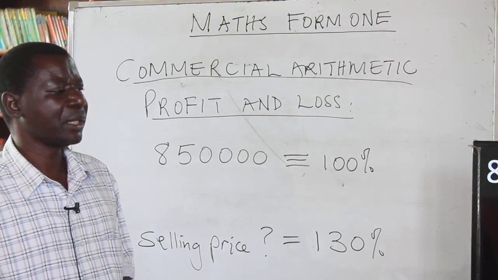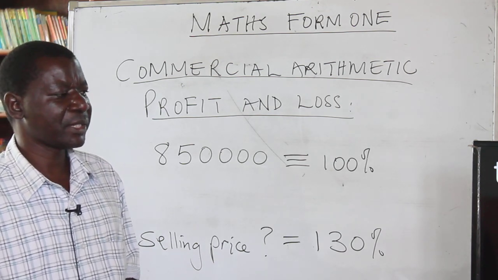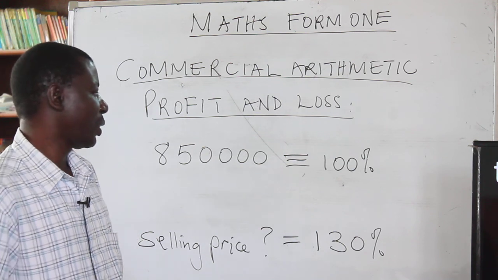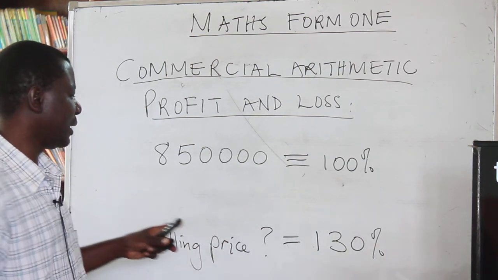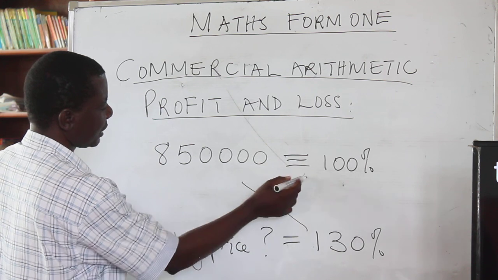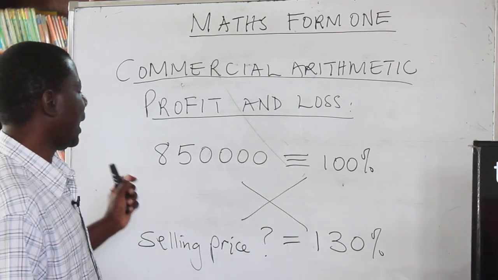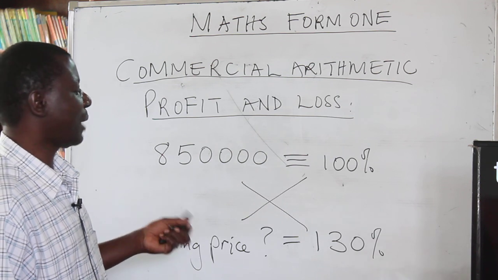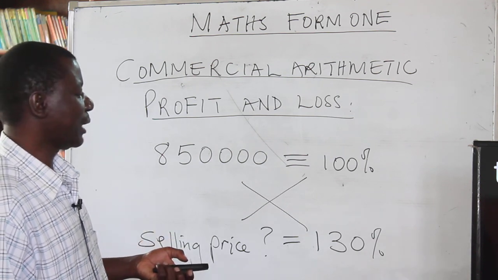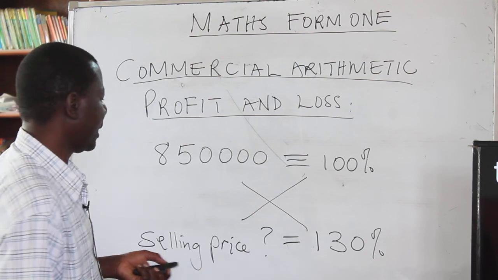If we cross multiply, we get 850,000 multiplied by 130 divided by 100.